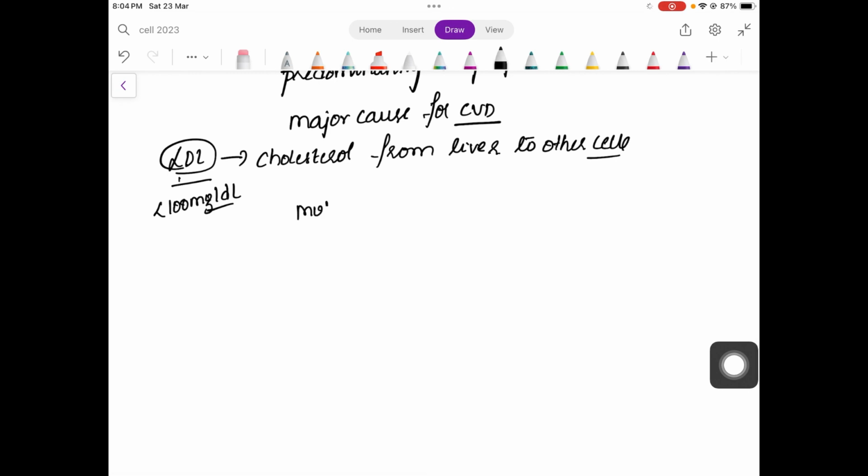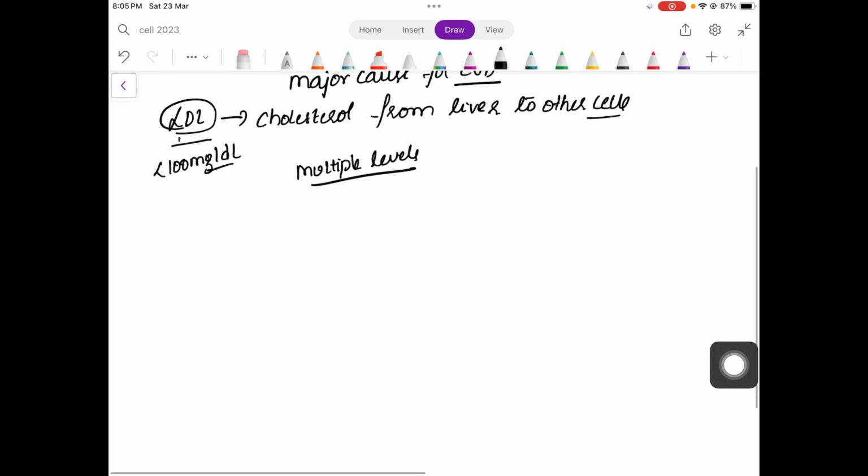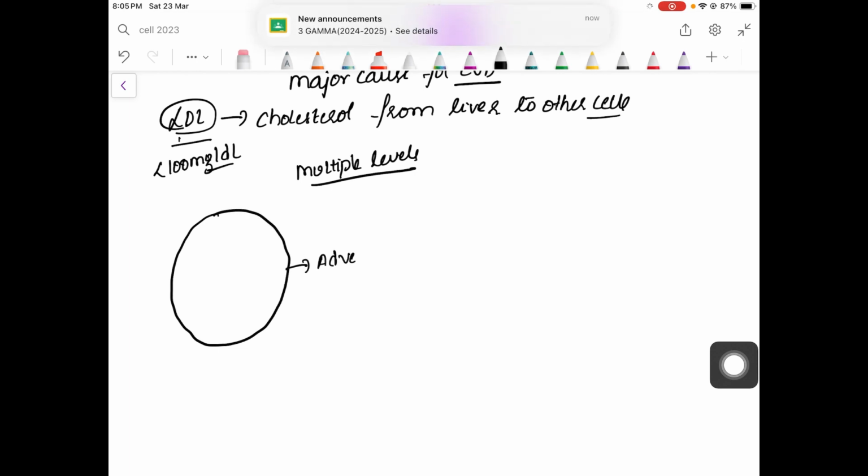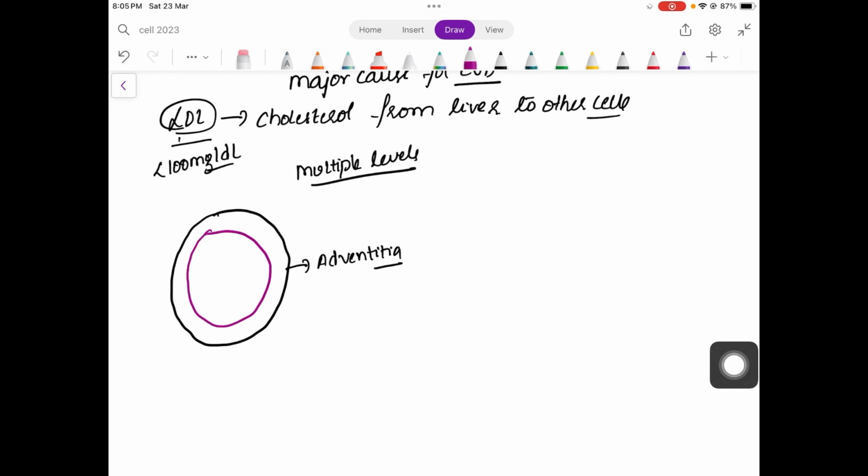There is a series of multiple events which occur in the formation of atherosclerosis. We'll see that. The blood vessel contains three layers. One is tunica adventitia. And the middle layer is tunica media.